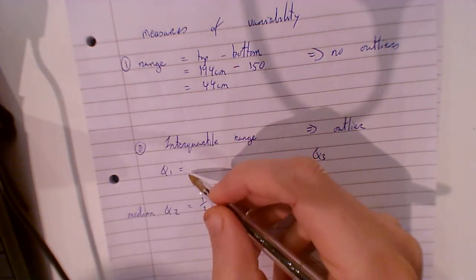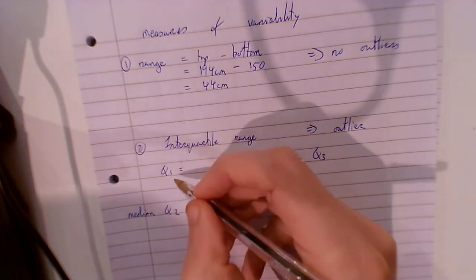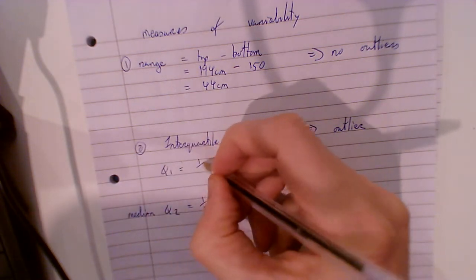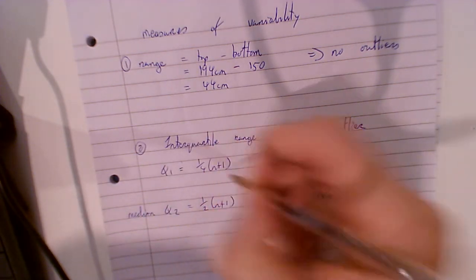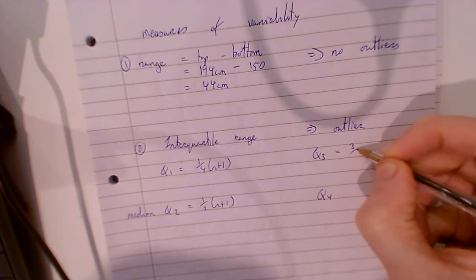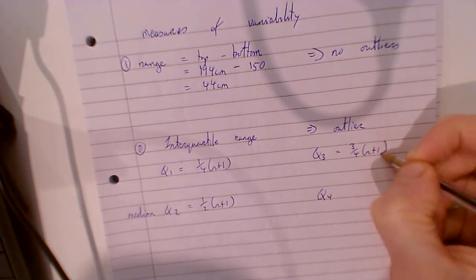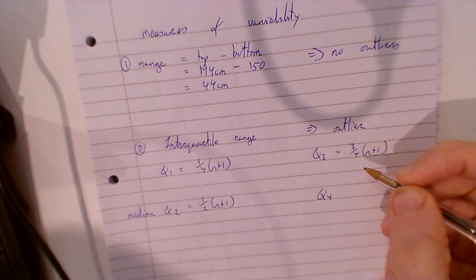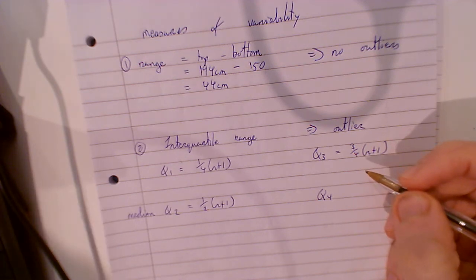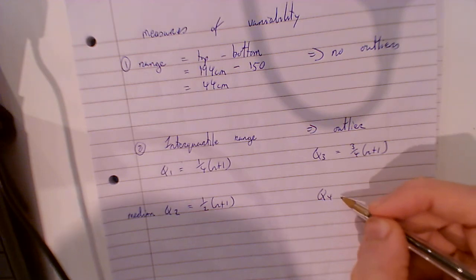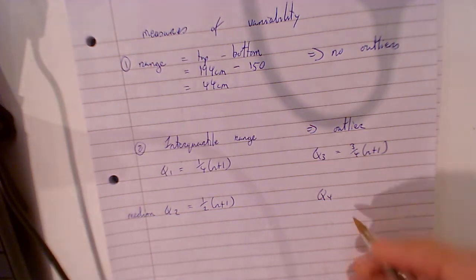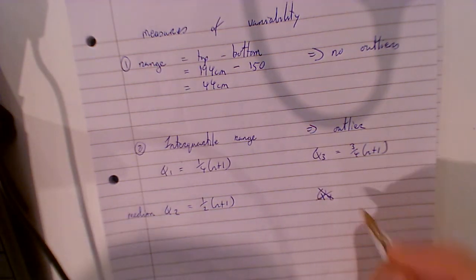Next one, if I had the first quarter, obviously it's a quarter of n plus 1. Third quarter, three quarters of n plus 1. Okay? And obviously the last quartile is the last number. We forget that. We never use that.